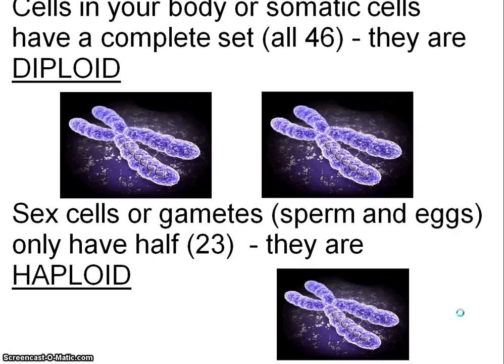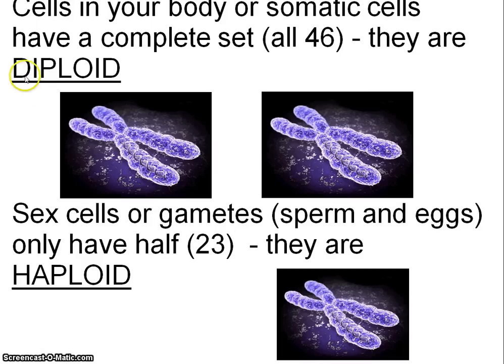So when we look at cells in your body, we call them somatic cells. All the cells in your body, or most of them, have a complete set of chromosomes. So one from mom and one from dad, so you have 46 chromosomes, or 23 pairs of homologous chromosomes. And we call these cells diploid cells.